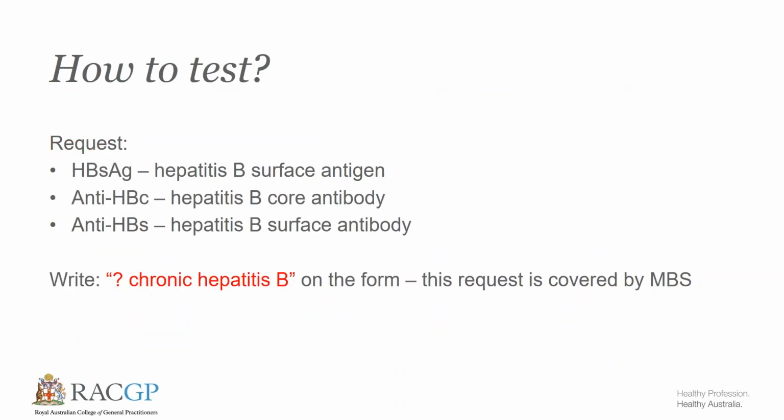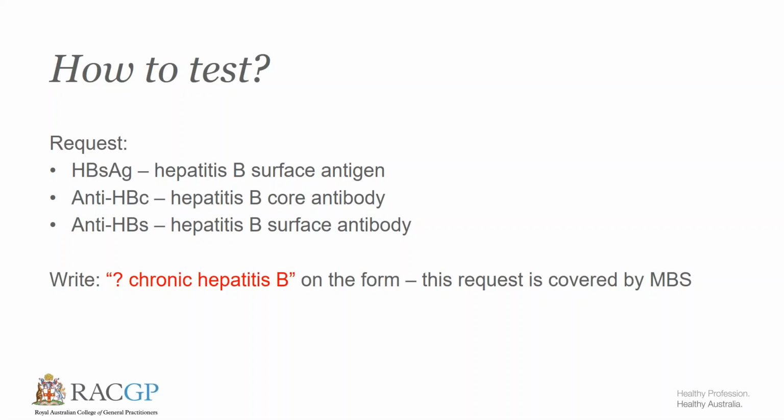All right, so the next thing is, once you've identified the patient that you should be testing, is how to test. So there are 3 tests that should be requested. And here we need to understand a little bit about hepatitis B infection. We should be requesting the surface antigen, which is obviously the outside of the hepatitis B virus.